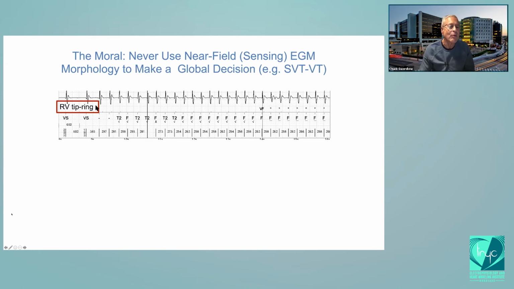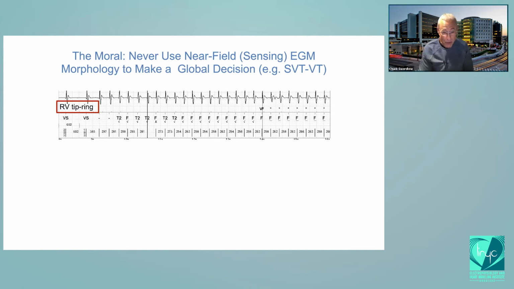But the key point is that when you have the local sensing electrogram, you can't tell if it's VT or SVT. For example, if you look at a pacemaker electrode during a tachycardia, or you're in the electrophysiology lab and you look at the signals coming off your closely spaced electrode in your mapping catheter, you don't make the diagnosis based on the morphology of that electrogram.